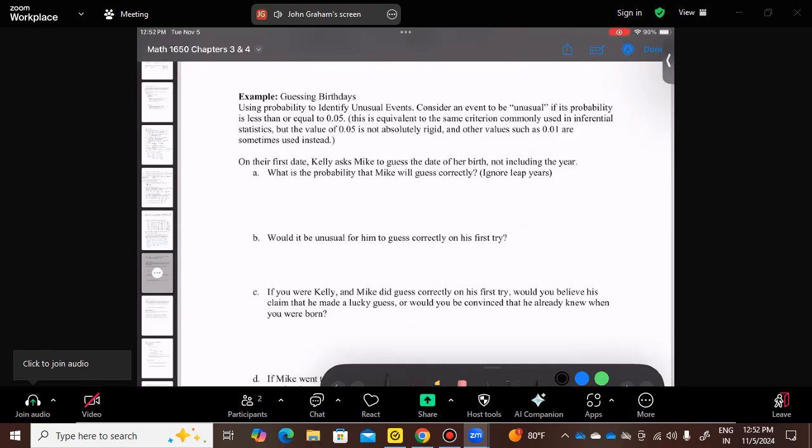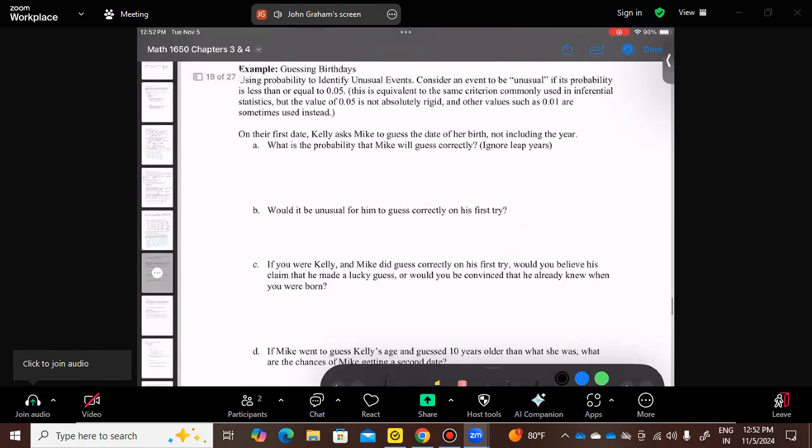This is usually a common criteria, but it's not absolutely rigid. A lot of times they use it in business because it's the best to kind of make sure you don't have a loss. But sometimes it can be adjusted and they use 0.1 or 0.01 or even weird values in a sense. Usually if it gets around 0.05, the researcher just has to make a decision what they're going to do.